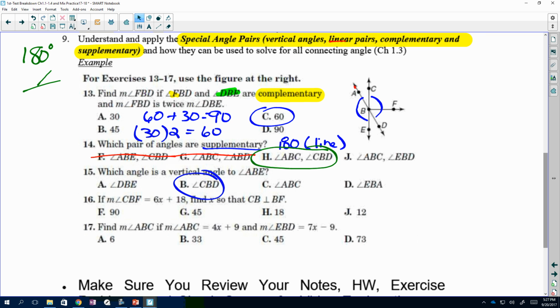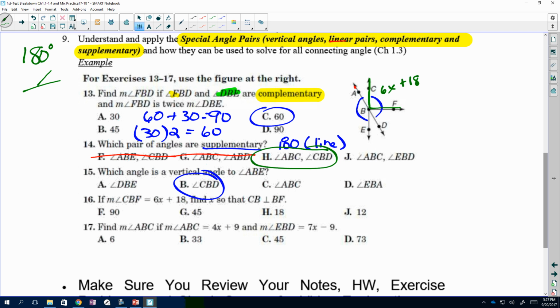All right, and so we did these. We talked about these. Reading the angles, highlighting sometimes helps you see it a little bit better. So I'm going to start with 16. Let's finish these. We had angle CBF. If I follow my letters C to B to F, right there, the measure of that angle is going to be 6x plus 18.